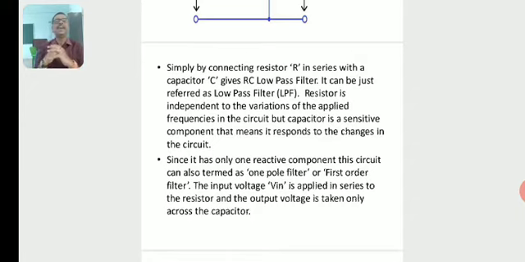Since it has only one reactive component, the circuit is also called a one pole filter or first order filter.